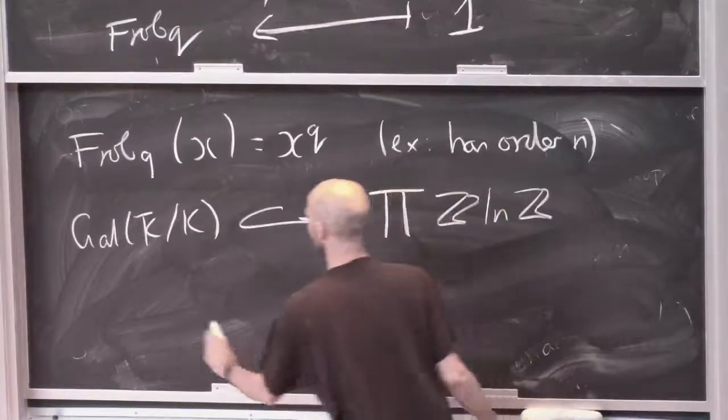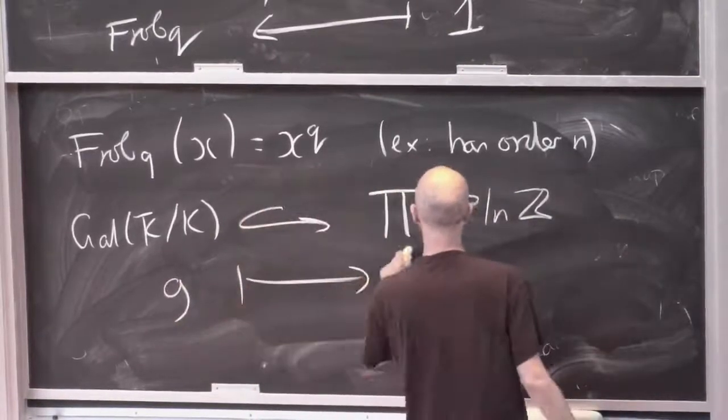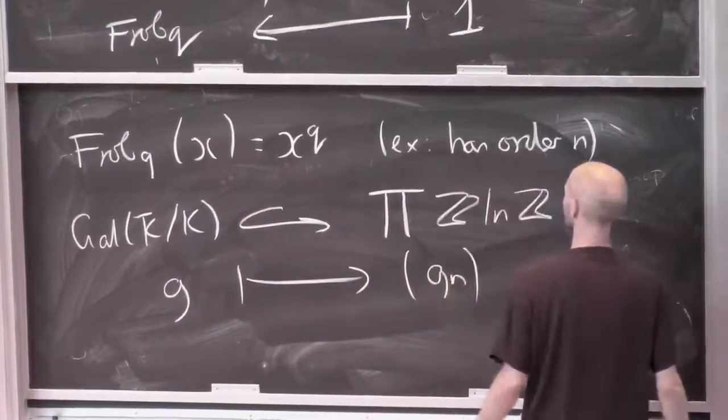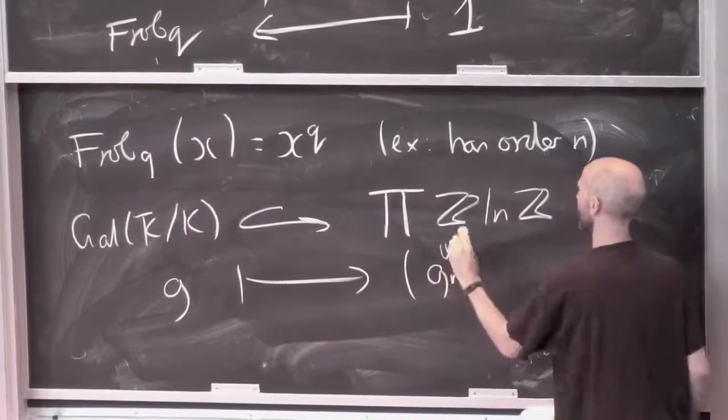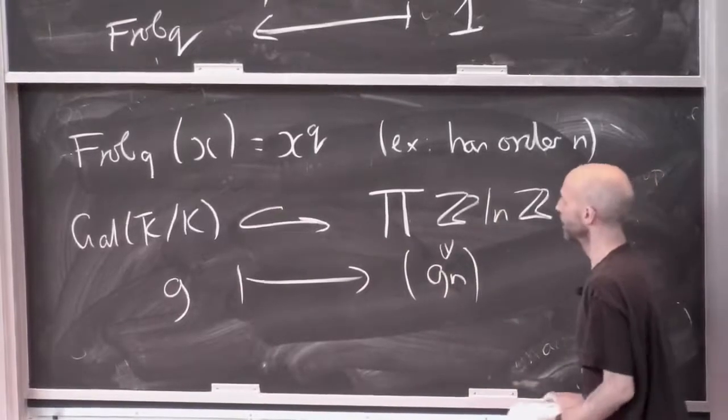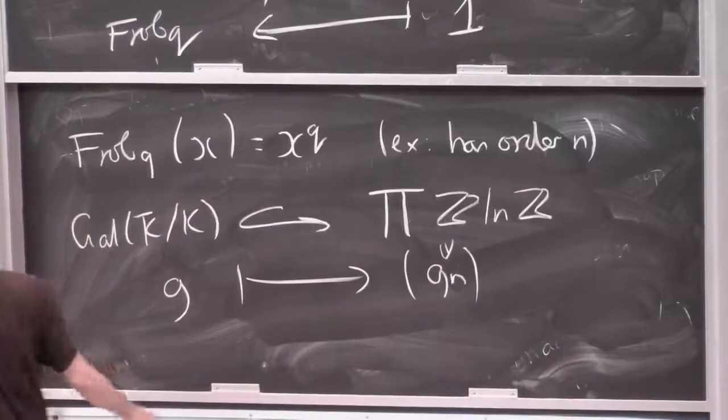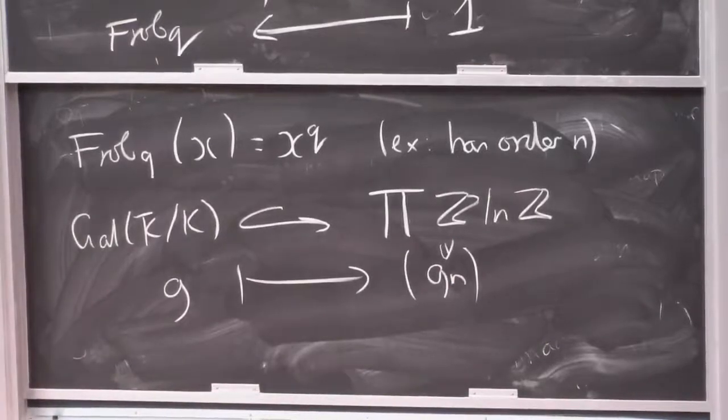So again, let's have g go to g_n there. So g_n is in (Z/nZ). So we have to figure out what the image is. So which g_n show up, which g_n glue together to give an automorphism of k bar.